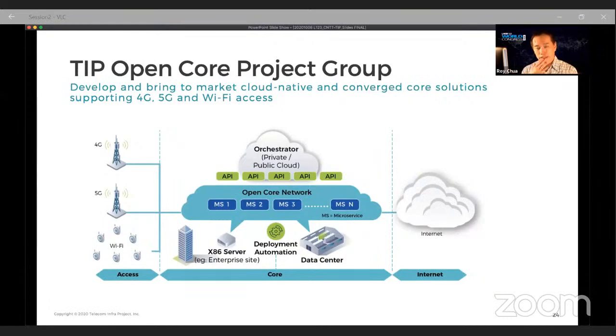It's a big project. And by the way, GSMA right now there is an open infrastructure task force looking at open RAN and open space RAN, and they're working right now with TIP.